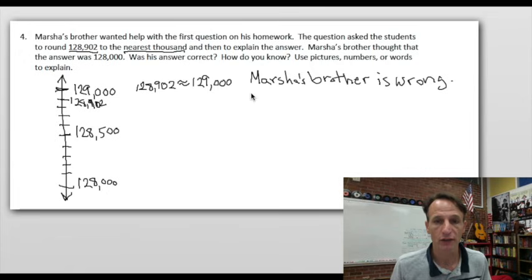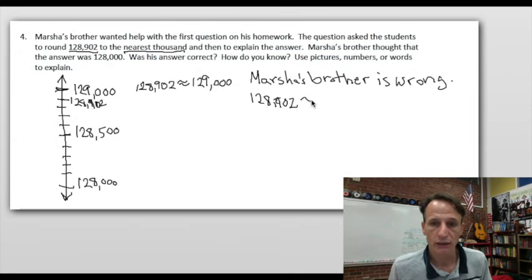We know because 128,902 is about equal to 129,000. See, we're using numbers and words to explain, not 128,000.